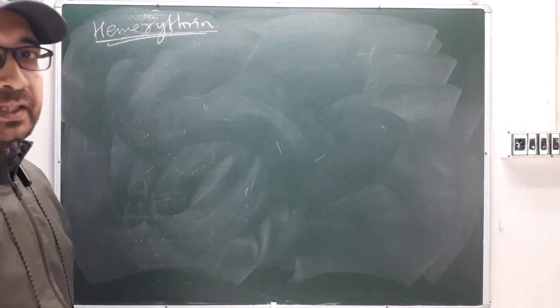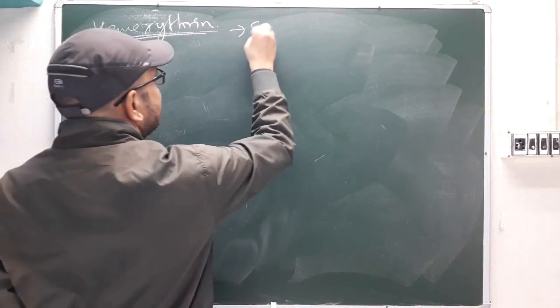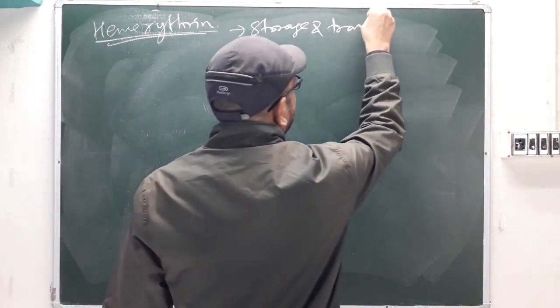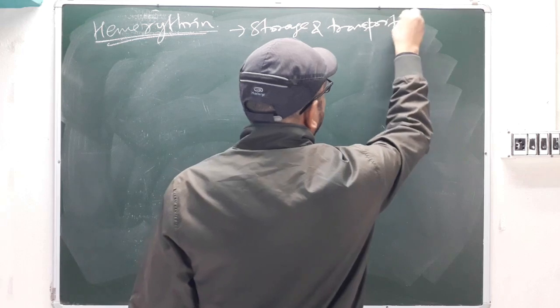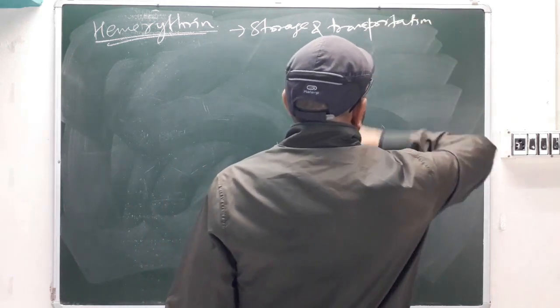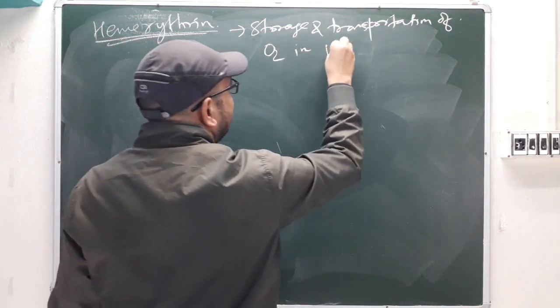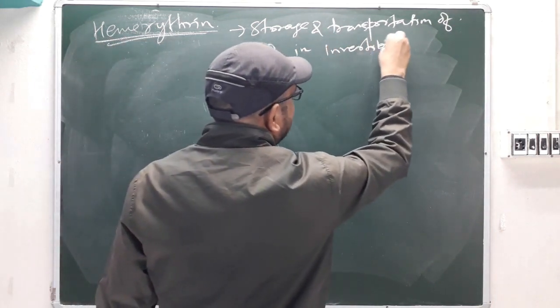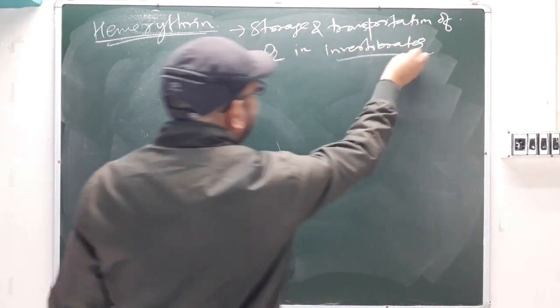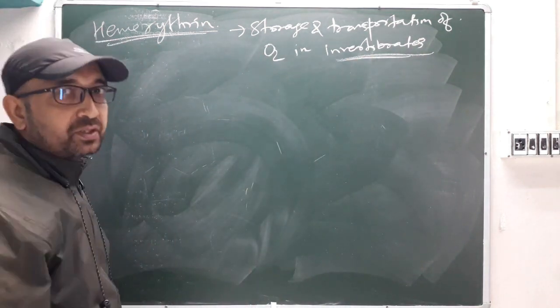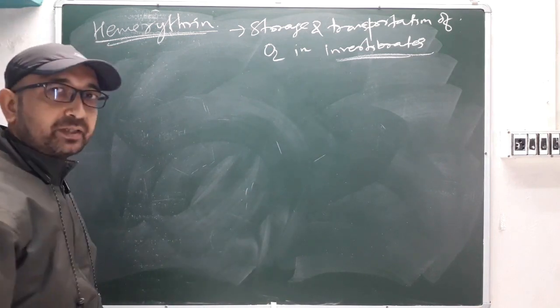Hemerythrin is a storage and transportation of dioxygen in invertebrates. Invertebrates store and transport oxygen, because both the functions together are done by hemerythrin itself, correct?